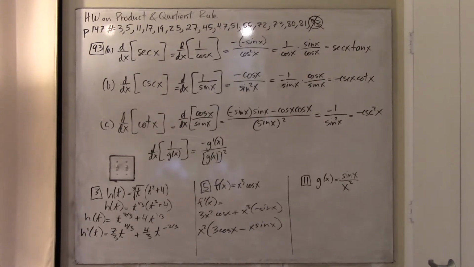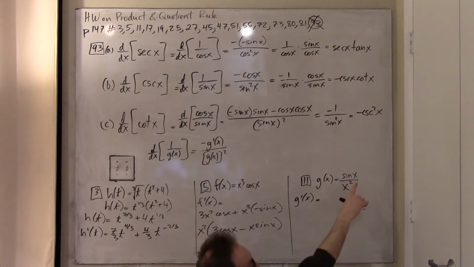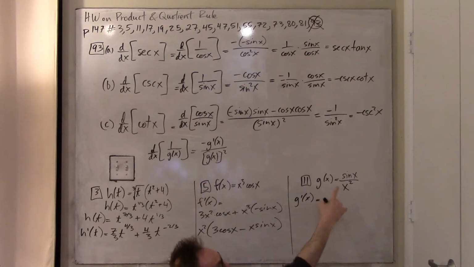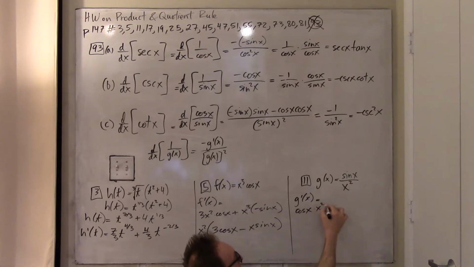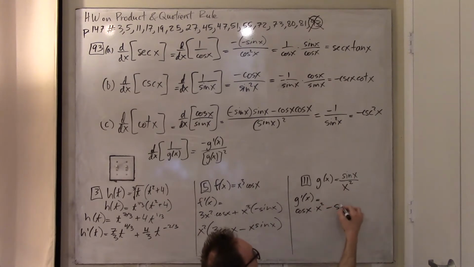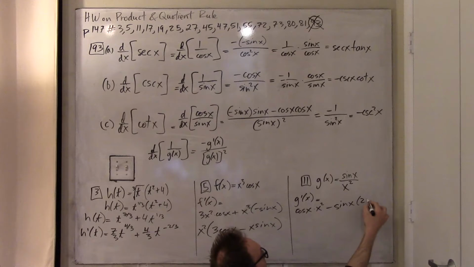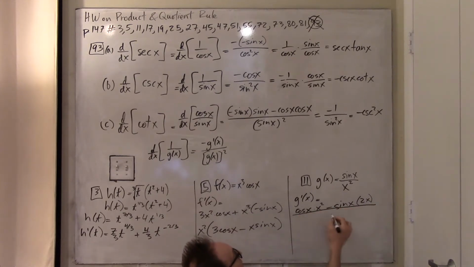Okay, number 11 is an example of the quotient rule. So let's do that. You have to just kind of know the quotient rule. So like I said, the derivative of the top, which is cosine, times the bottom, so times x squared, minus the top times the derivative of x squared, which is 2x, all over the bottom squared.